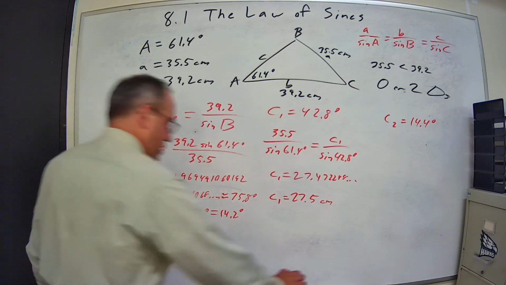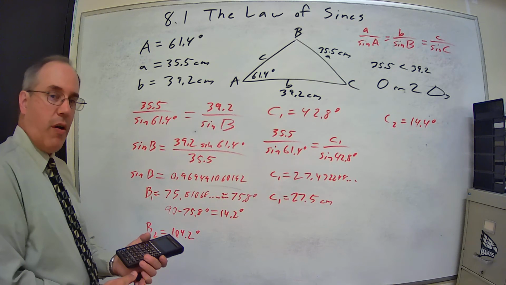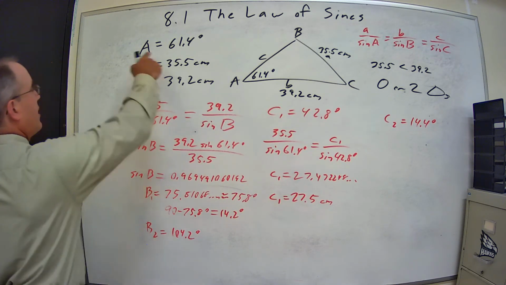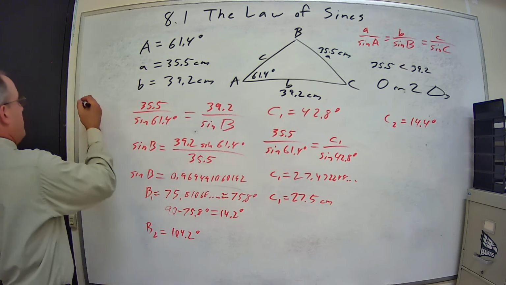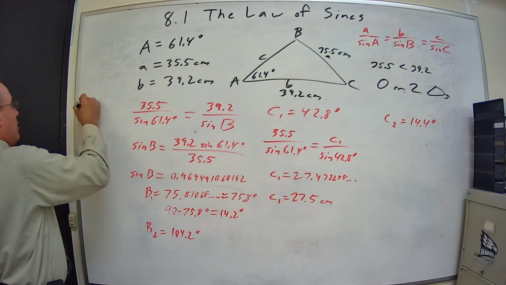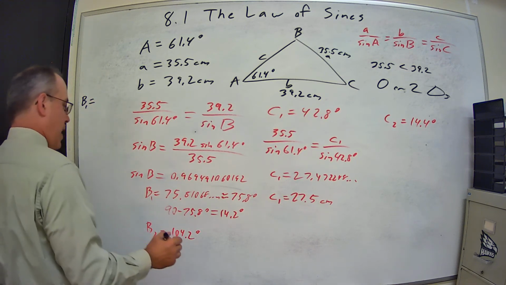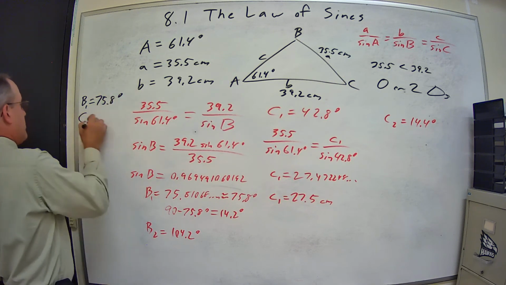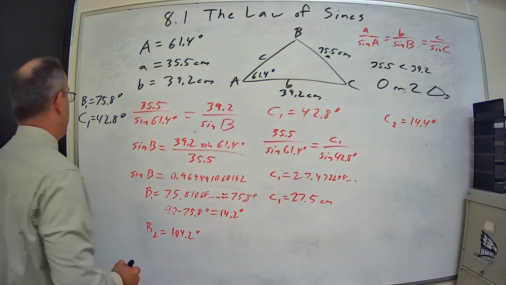So I'm going to take the moment and come over here, and I'm going to put the first solved triangle together. I've already got this A, and B, so I'm going to add in B1 is equal to 75.8 degrees. C1 is equal to 42.8 degrees.